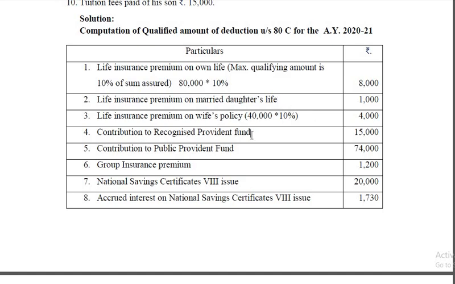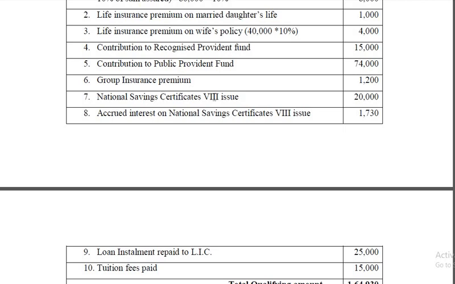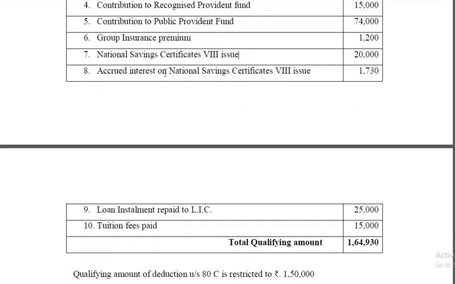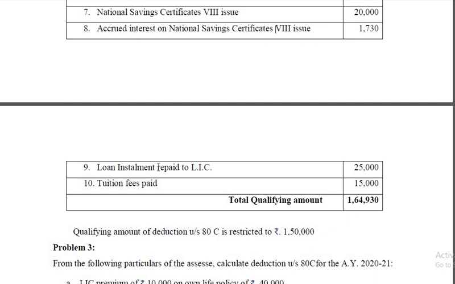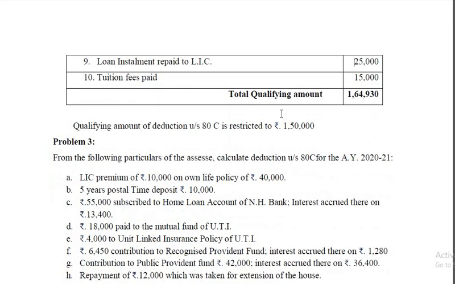Contribution to recognized provident fund is qualified. I already told you. Contribution to public provident fund qualified. Group insurance premium qualified. National savings certificate 8th issue, that's also qualified. Even accrued interest on national savings certificate 8th issue, that's also qualified. Loan installment repaid to LIC, we presume here that is the principal amount, so 25,000 is qualified.